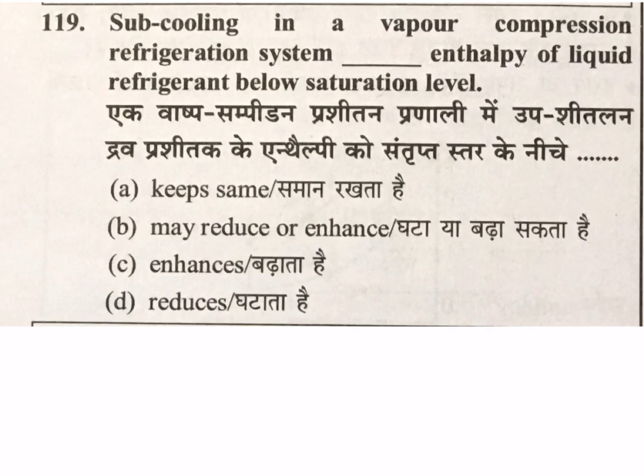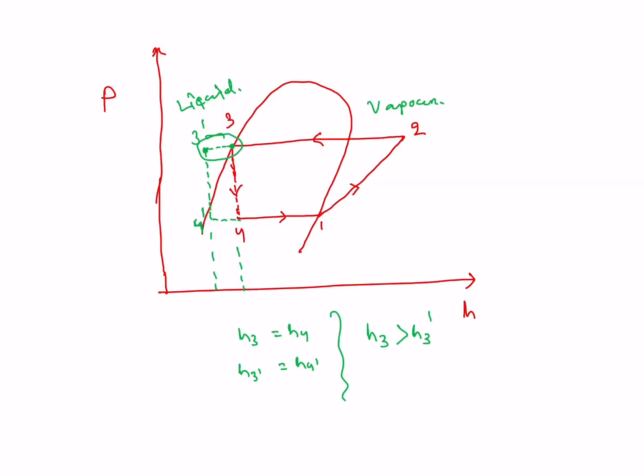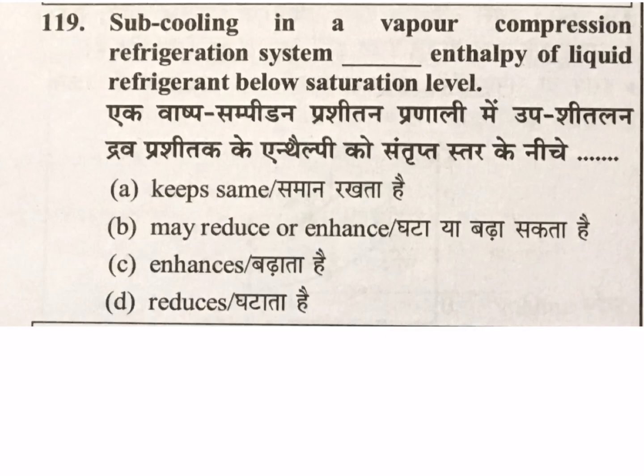So subcooling in a vapor compression refrigerating system reduces enthalpy of liquid refrigerant below saturation level. Your saturation level is this one, the saturation point, this line, the saturation line, here also the saturated vapor line and saturated liquid line. D is your correct answer.